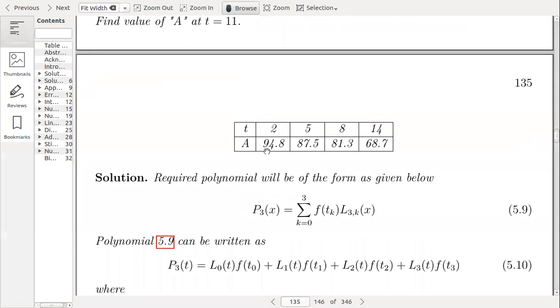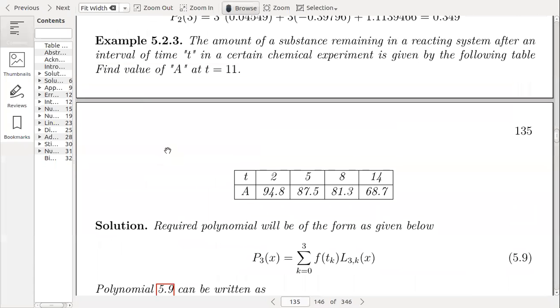If time is 2, the value of A is 94.8. If time is 5, the value of A is 87.5.